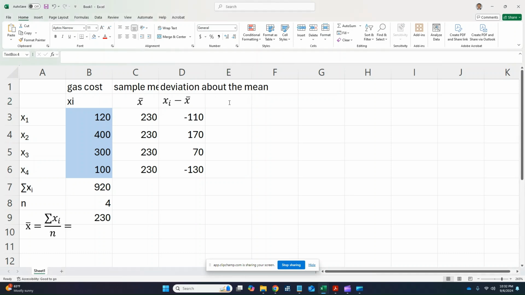I'm going to write it here, this to the power 2. So I got rid of these negative numbers. Now everything is positive.